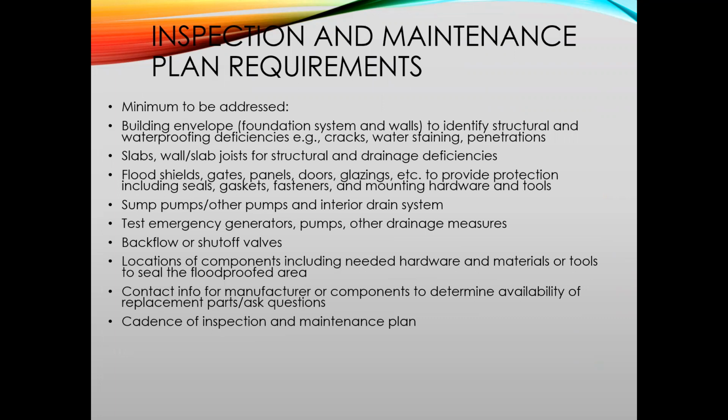So this again is pretty technical and complicated, and Steve has told me about some buildings that had these floodproofing systems, like flood shields, or those panels that fit over windows or doors. And they were hidden under boxes and they couldn't find them. So they didn't have a plan here that says specifically where they're stored and how they should be stored.